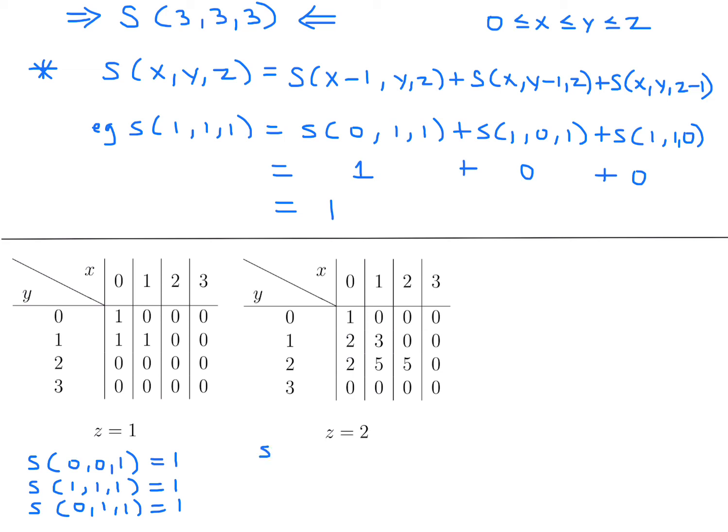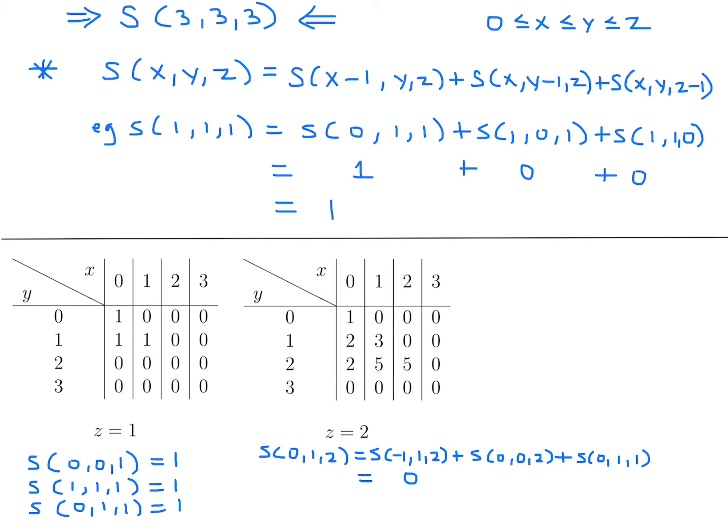S at 0, 1, 2. Well, according to that formula, it would be S at negative 1, 1, 2 plus S at 0, 0, 2 plus S at 0, 1, 1. Okay, well, this one is 0. You can't have a negative. You can't go in the other direction.